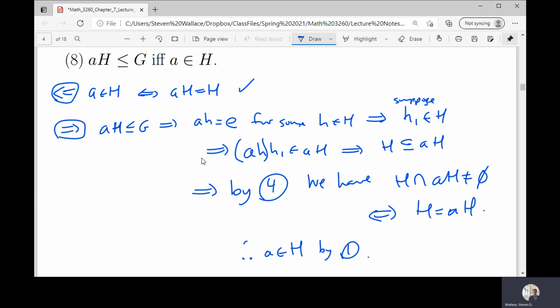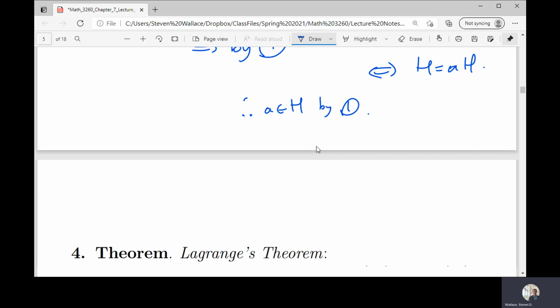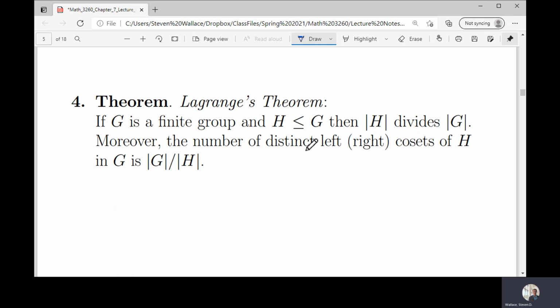Whew. So those are all the properties. Let's talk about our main theorem, and then I will prove it next time. So the main theorem of this chapter is called Lagrange's theorem. It says if G is a finite group and H is a subgroup, then the order of H divides the order of the group.